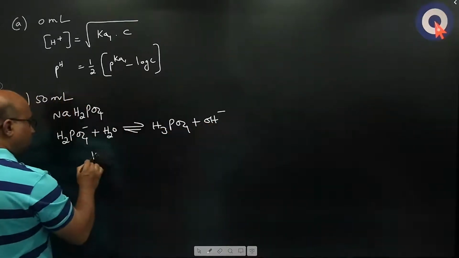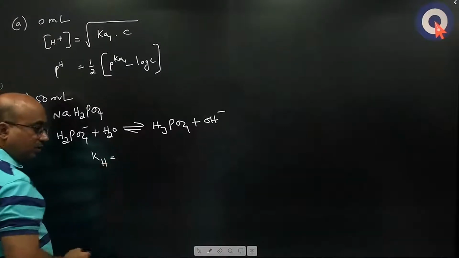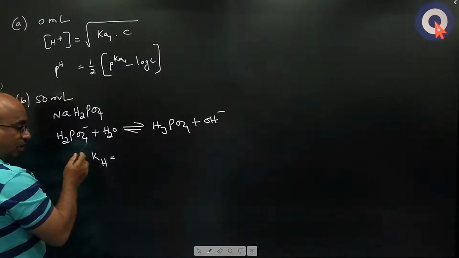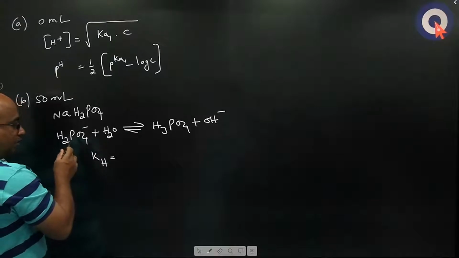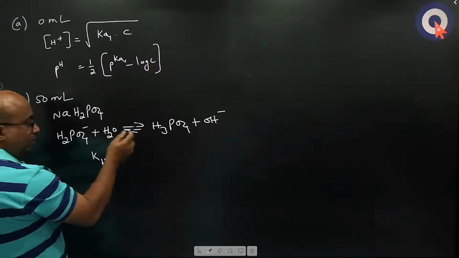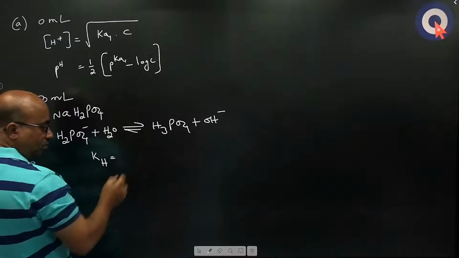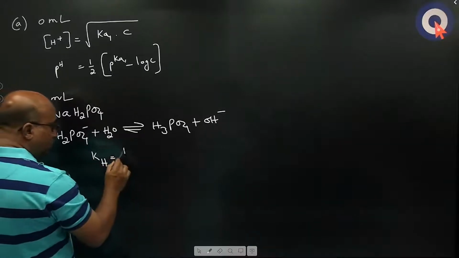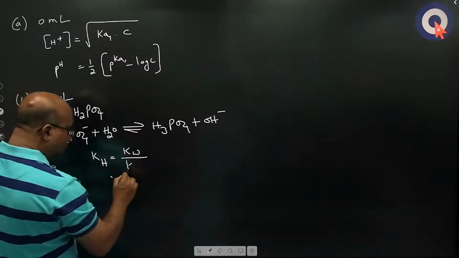What is its hydrolysis constant, that is KH? Whenever the anion is undergoing hydrolysis, that anion which is coming now because of the first dissociation of H3PO4, your KH is nothing but Kw by Ka1.